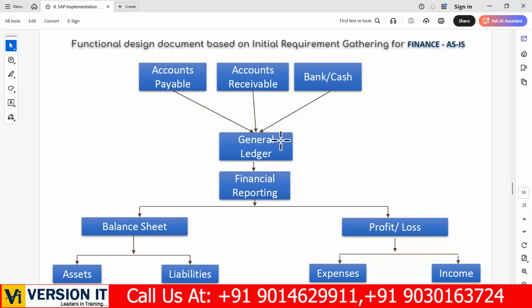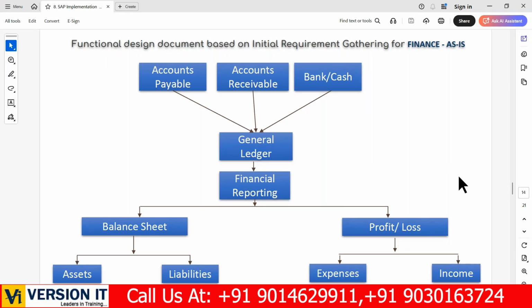Based on that, they maintain general ledgers. Under general ledger, for financial reporting, like balance sheet and profit or loss, under balance sheet we maintain assets, liabilities, and here revenues, expenses.